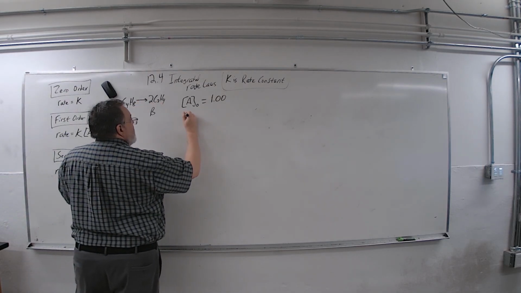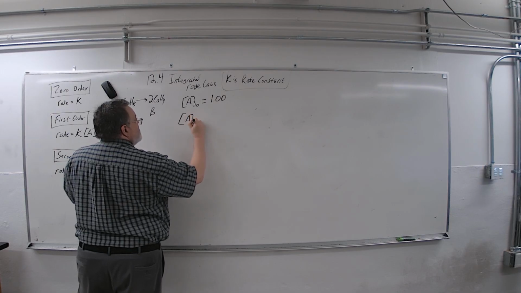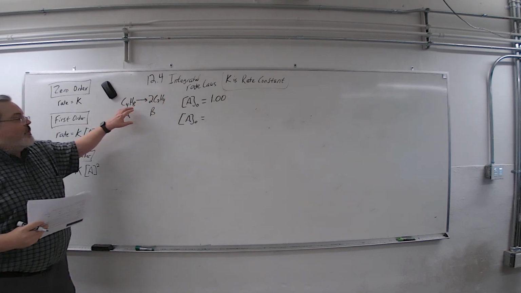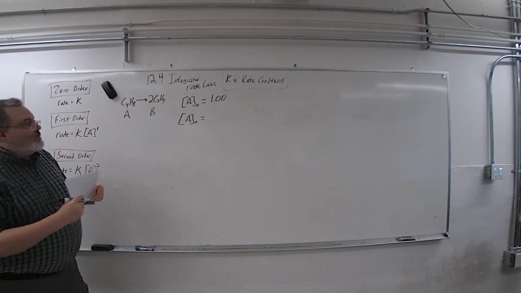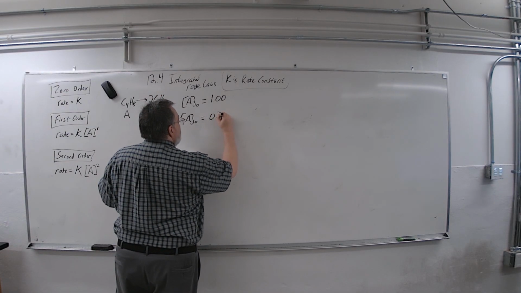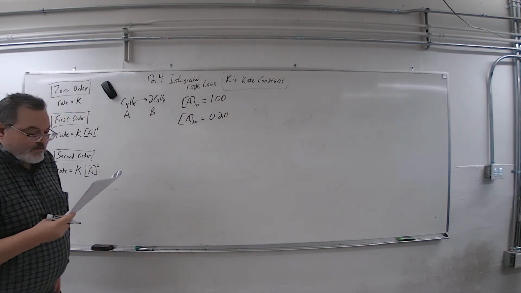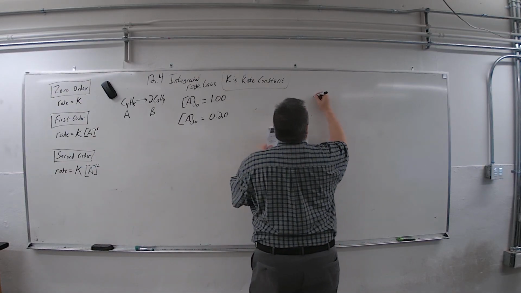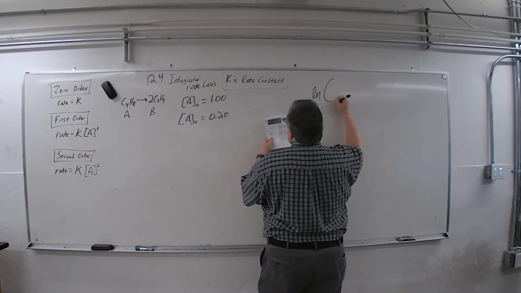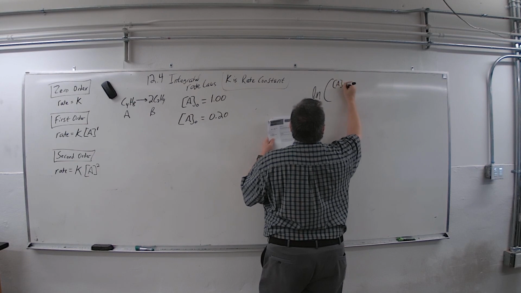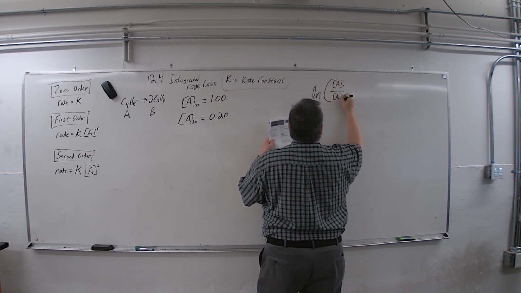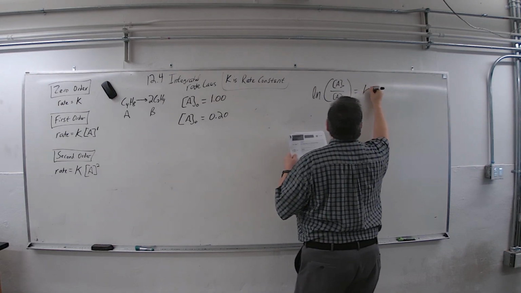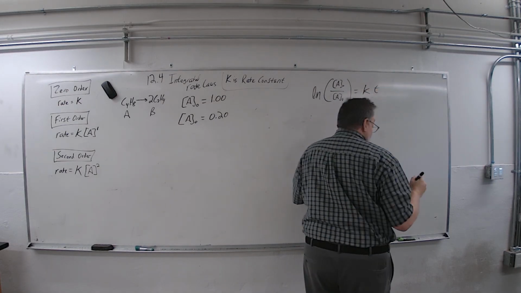So A, if we started at 100, 80% decomposition, meaning 80% of this reaction comes over here, what's left? That's a simple way to do it. So we've got those two. We've got our equation, natural log equals kt.